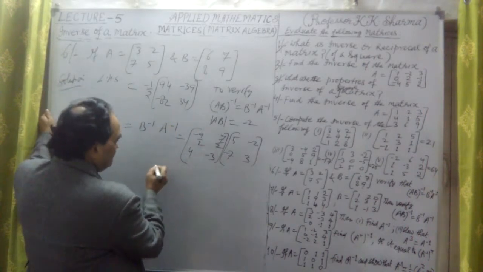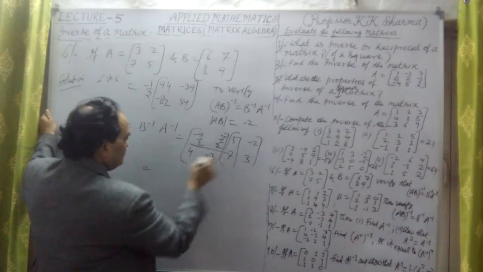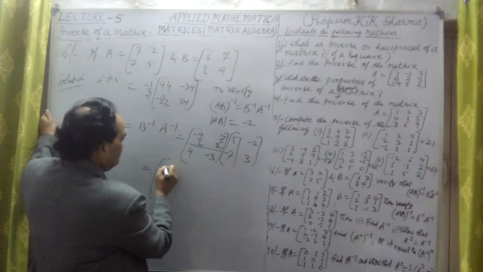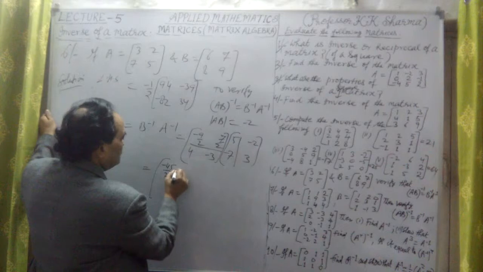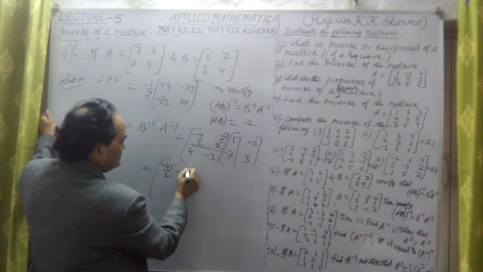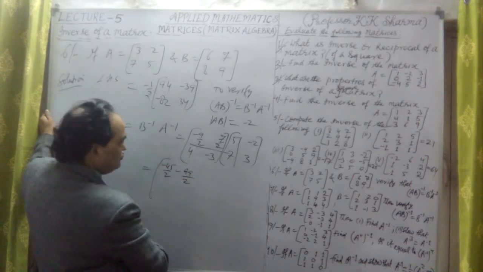Multiplying them will give us the first row, first column and first row, second column. First row: 5 times minus 9/2 is minus 45/2. Minus sign, because 7 into 7 is 49, so minus 49/2. Okay.